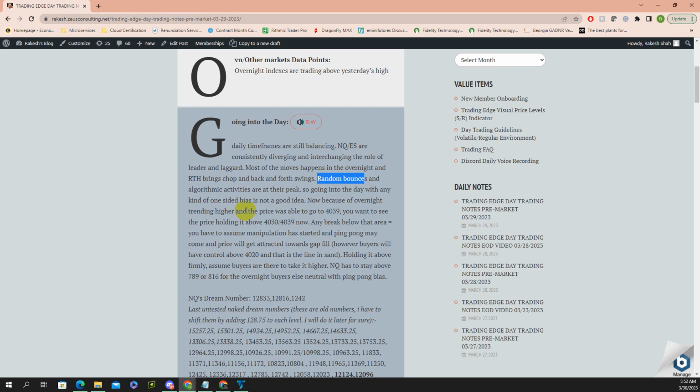Now, because overnight was trending higher and the price was able to go to 39, you want to see the price holding above 4030, 39 now. So the entire area is important, and the rest of the stuff comes from the reading in RTH. But this is the meat here, above it buyers basically. I also said any break below that area you have to assume manipulation has started.